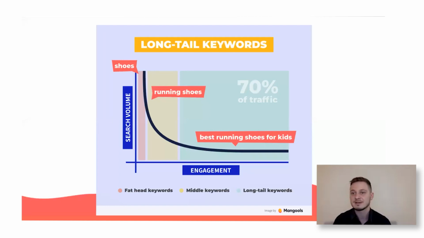Let's say you write a blog that will be about best running shoes for kids, then this will be your focus keyword. But if you optimize the content very well and your website is optimized well, then Google or even other search engines will understand that your content is relevant to even more keywords. So you should display for those keywords too.